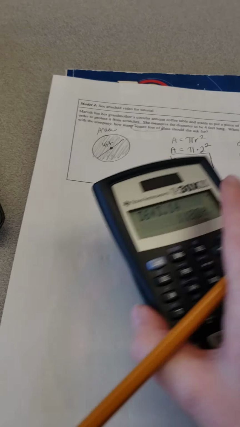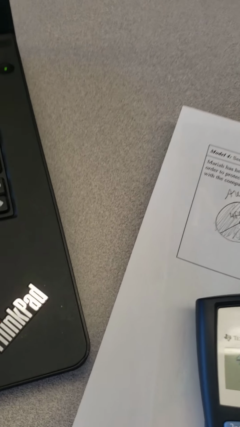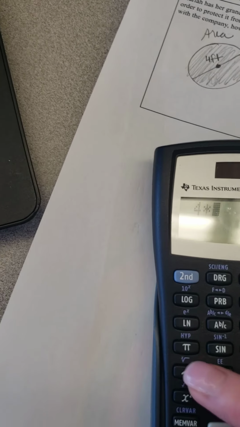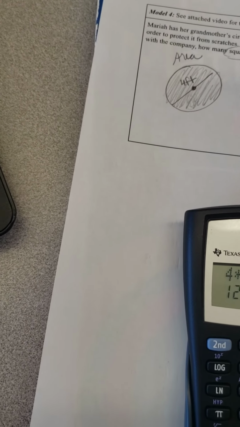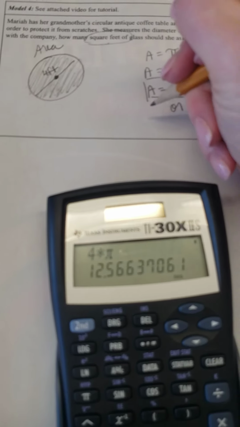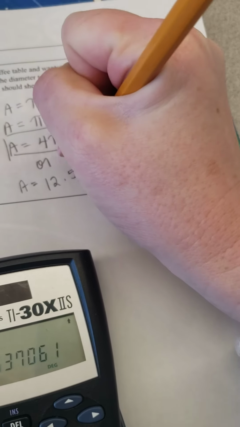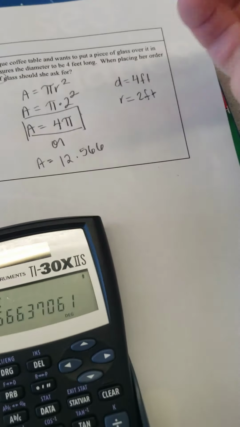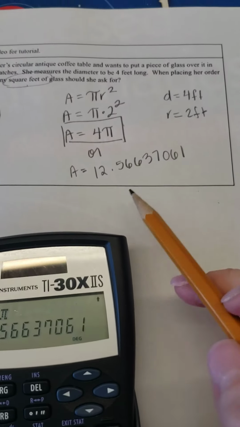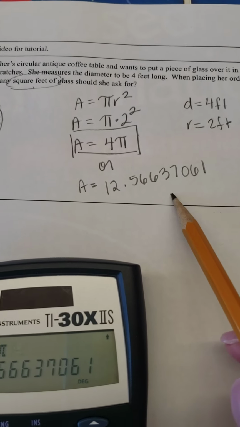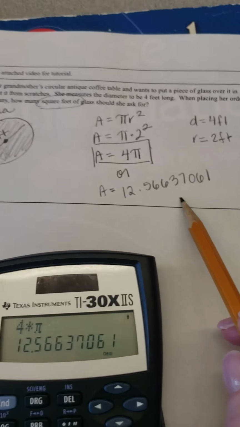If I had to use the pi key, 4 times pi gives me 12.5663761. They will always give you rounding directions when you have to use the pi symbol.